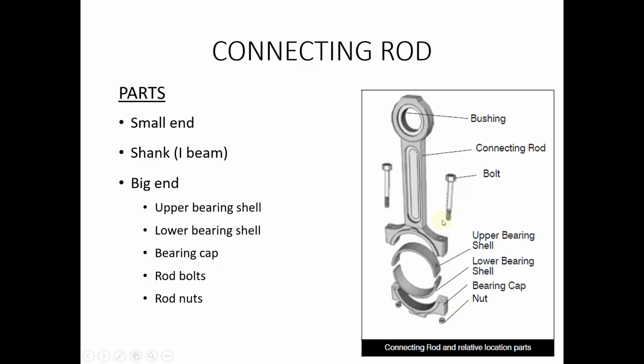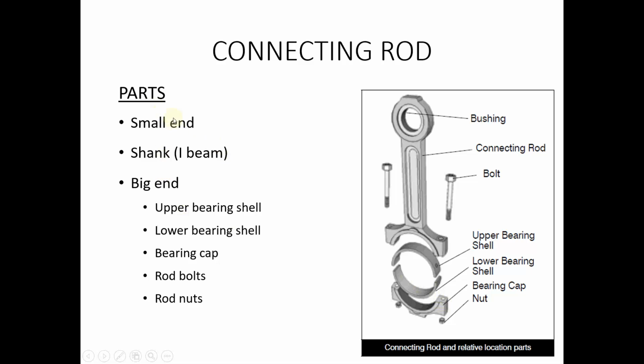So we put these bolts through the holes that are drilled in the connecting rod and we tighten them by means of nuts. So once we are securing this portion within the crank pin journal, we tighten the upper and lower portion by the bolt and nut arrangement.